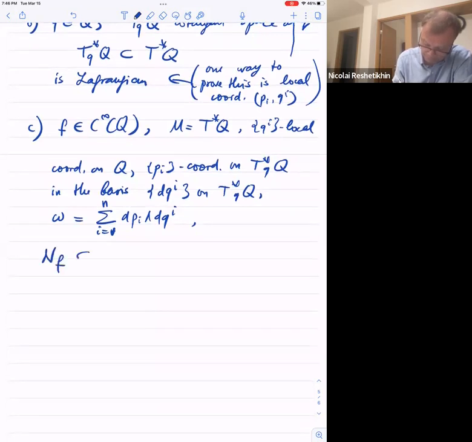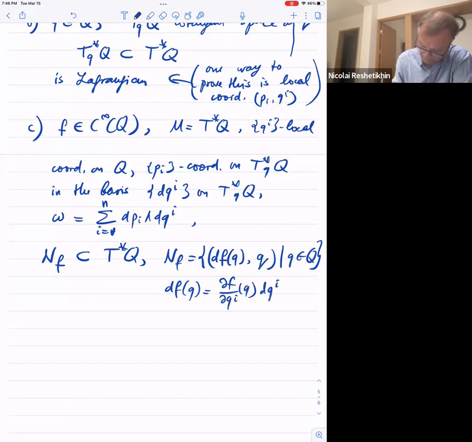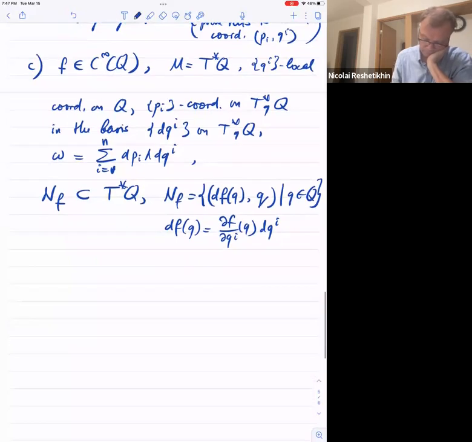Now in this symplectic manifold, we consider N_f defined as follows: you take the de Rham differential of f at the point q, comma q, where q is in Q. In local coordinates, the de Rham differential is df/dq_i at q, and then this basis dq_i that I already mentioned. So it's clearly a submanifold.